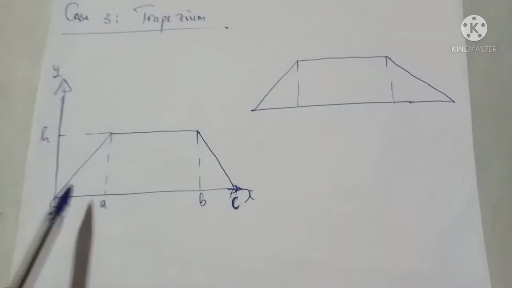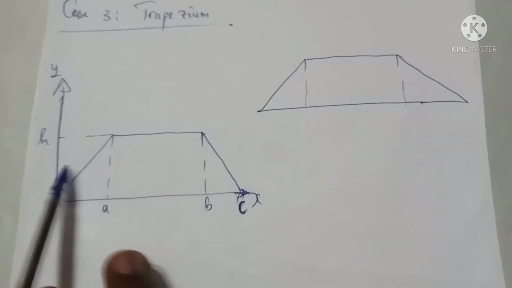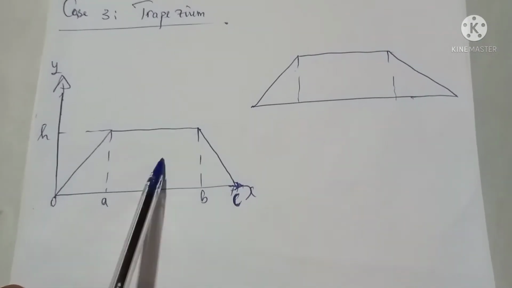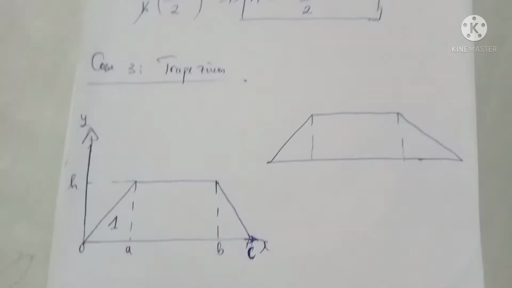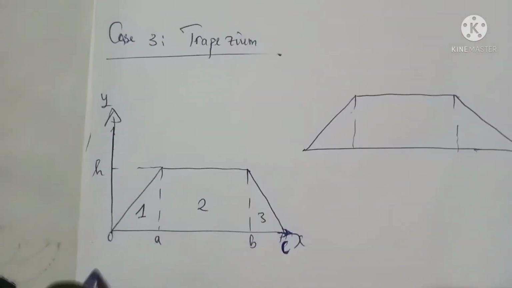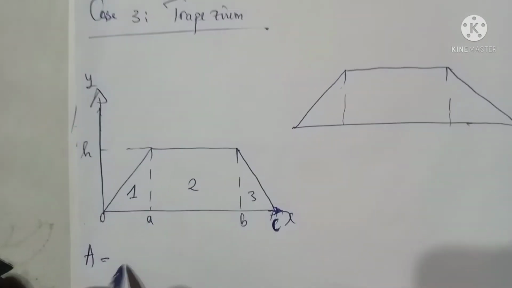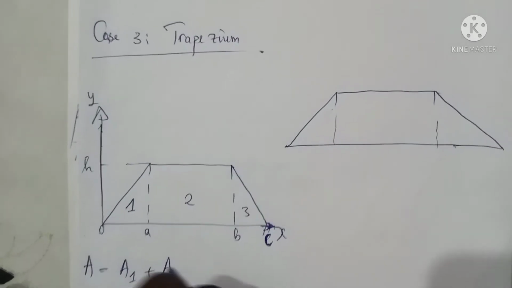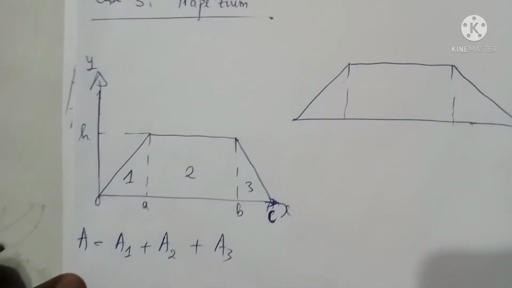Now, since this is a combination of two triangles and a rectangle, I can call these 1, 2, and 3. So the area equals area of 1 plus area of 2 plus area of 3.